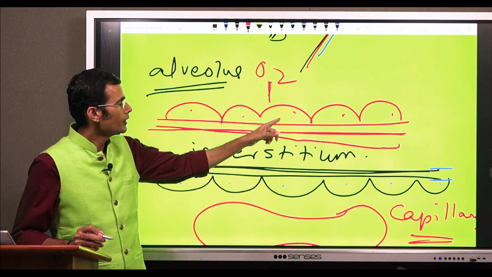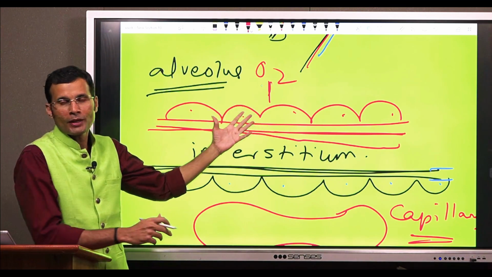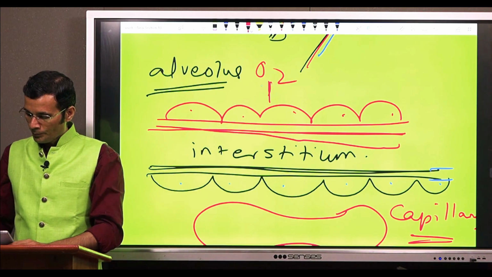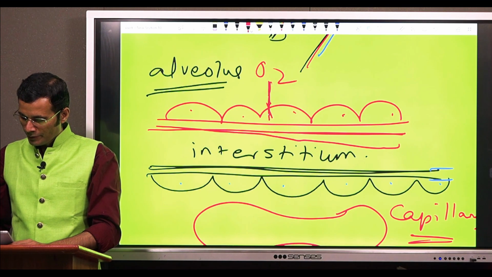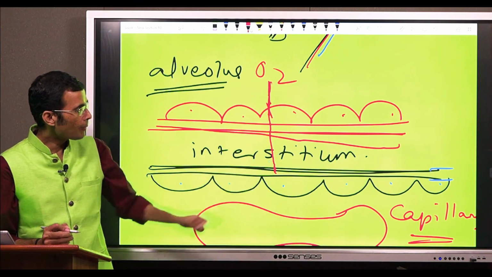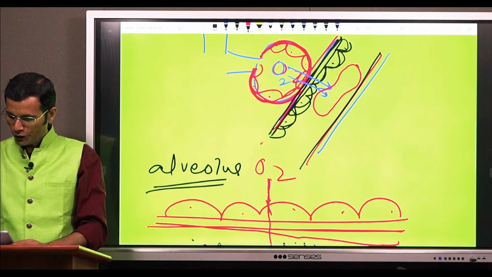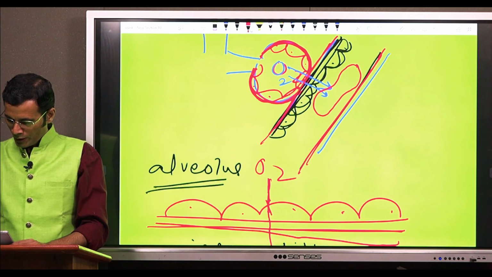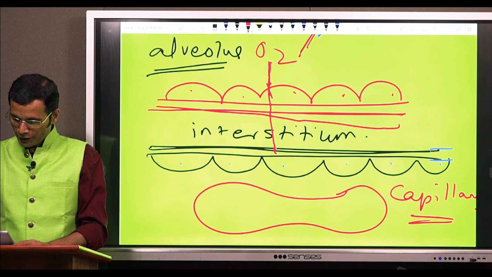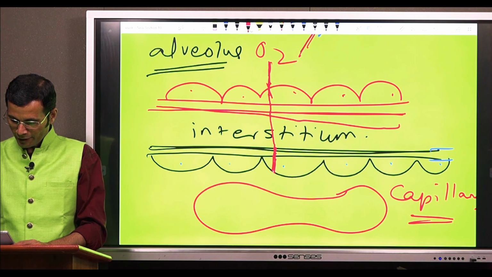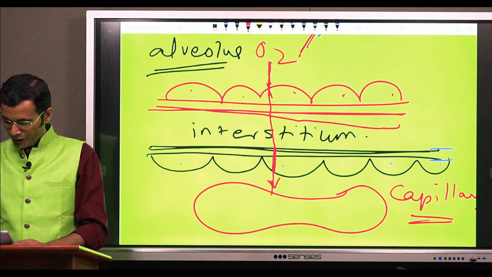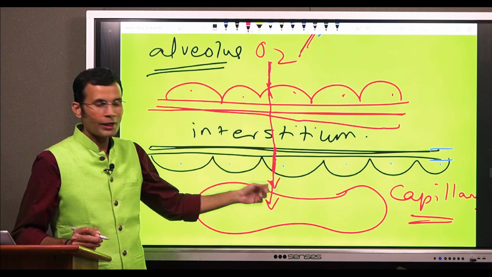Let's just summarize: alveolar epithelial cells, pneumocytes, then the basement membrane, then the interstitium, then there starts the pulmonary capillary, as we saw here, the basement membrane of the endothelial cells, then the endothelial lining, endothelial cells, and finally it enters the blood. And then it has to enter the red cell, RBCs, so the red cell membrane.